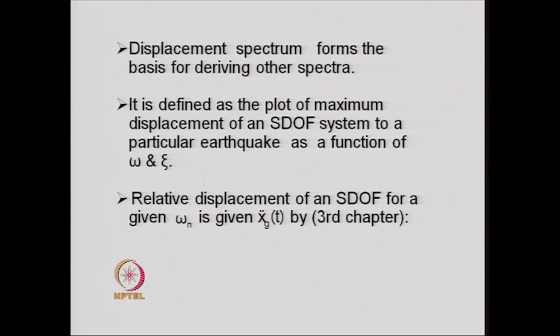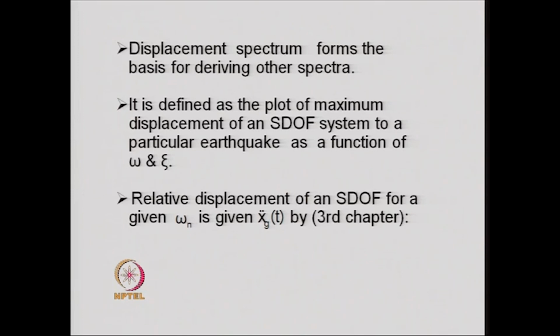There you have solved a single degree of freedom system having a natural period and a damping ratio for support excitation, and for that support excitation you can obtain the relative displacement, and that can be obtained by various methods.